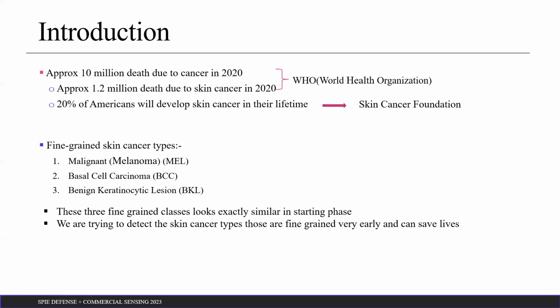Those are malignant, which we also call melanoma, basal cell carcinoma, that is BCC, and benign keratinocytic lesion, that is BKL. If we see the dataset of these classes, which are dermatoscopic images, the images of these classes look very similar, and we can see that in the next slide also.